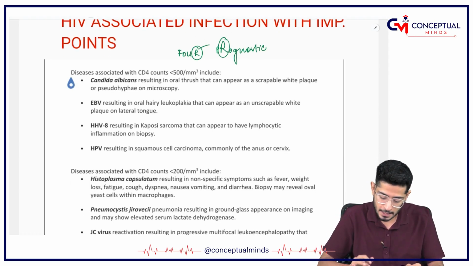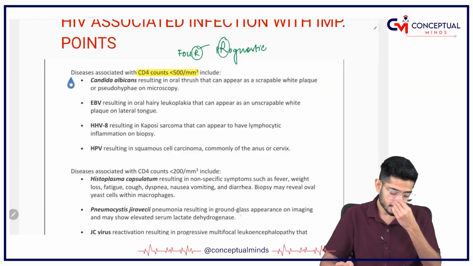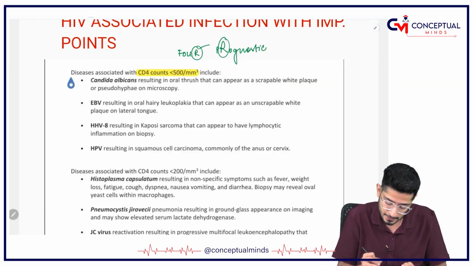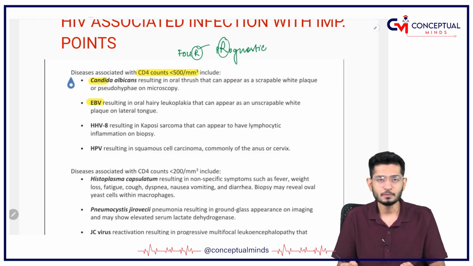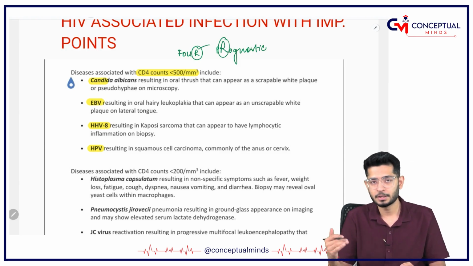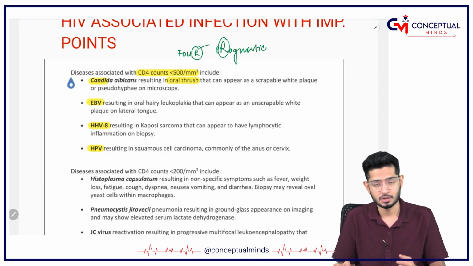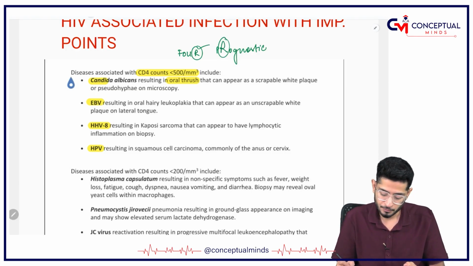Now, for example, if you have a CD4 count less than 500, then you have co-infections like Candida, Epstein-Barr virus, HHV8, HPV, and what are they going to cause? Candida is responsible for causing oral thrush, so you will have a whitish tongue.